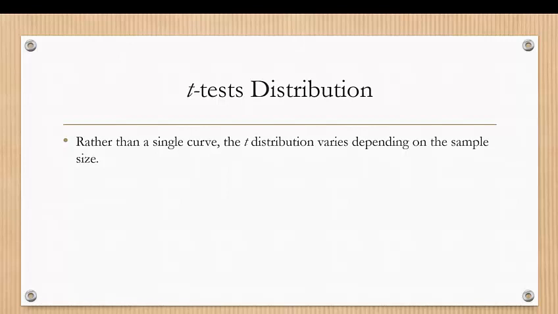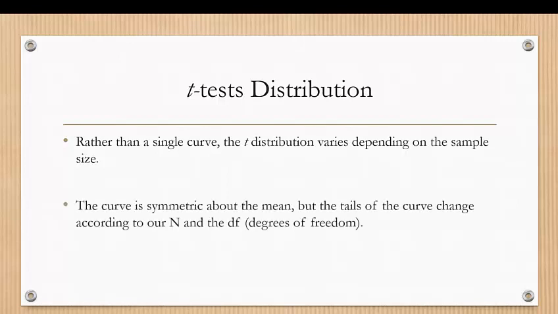So we've always drawn that same normal curve, and we're going to see that it doesn't quite apply all the time. The curve for the t-distribution is symmetric about the mean, just as we have always said, but the tails of the curve change according to our n and our degrees of freedom. Okay, and we've discussed degrees of freedom as well.